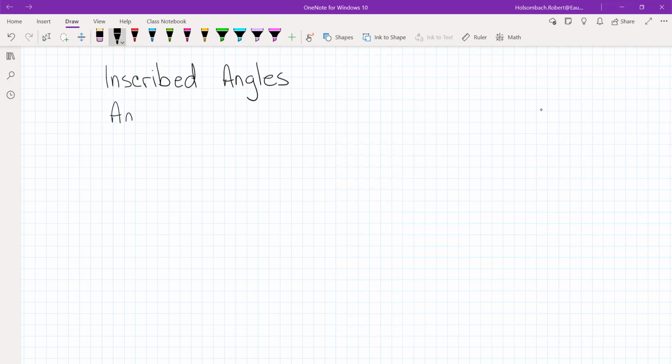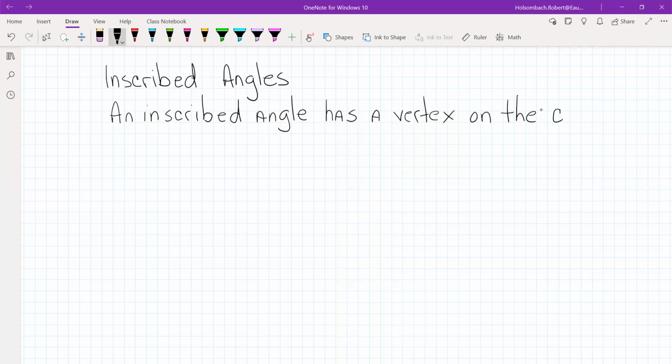And an inscribed angle has a vertex on the circle and sides that are chords.